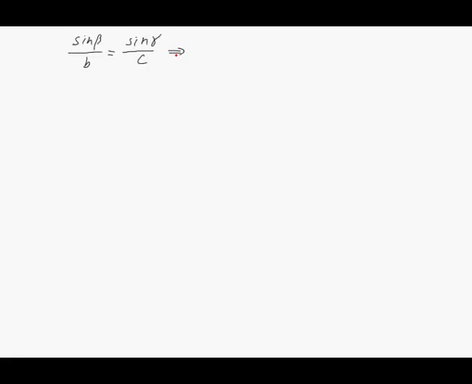And then we multiply both sides by b. We have sine beta equal to b times sine gamma over c. Then we plug in the values of b, c, and gamma into this expression. So b is equal to 7.9.